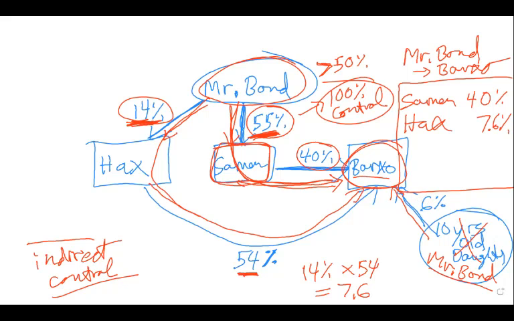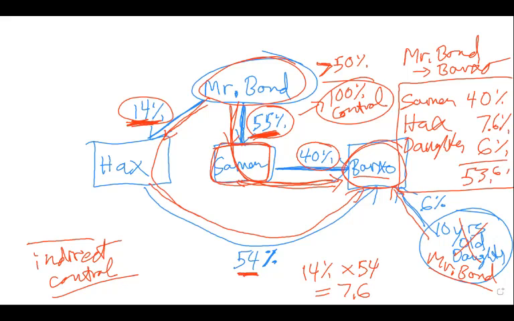So that's 6%. I'll say the source of that, the indirect source, is the daughter. So that's 6%. So we have the 40, the 7.6, and the 6. So that gives us 53.6.